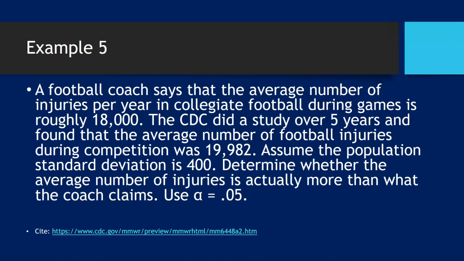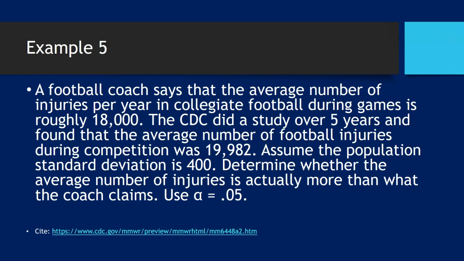Again, as always, I want you to pause this and try it. Okay, so a football coach says that the average number of injuries per year in collegiate football during games is roughly 18,000.